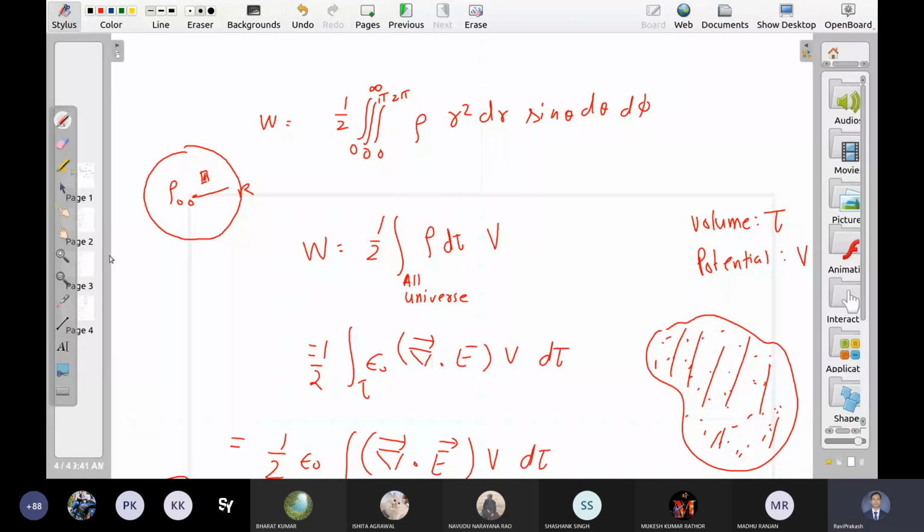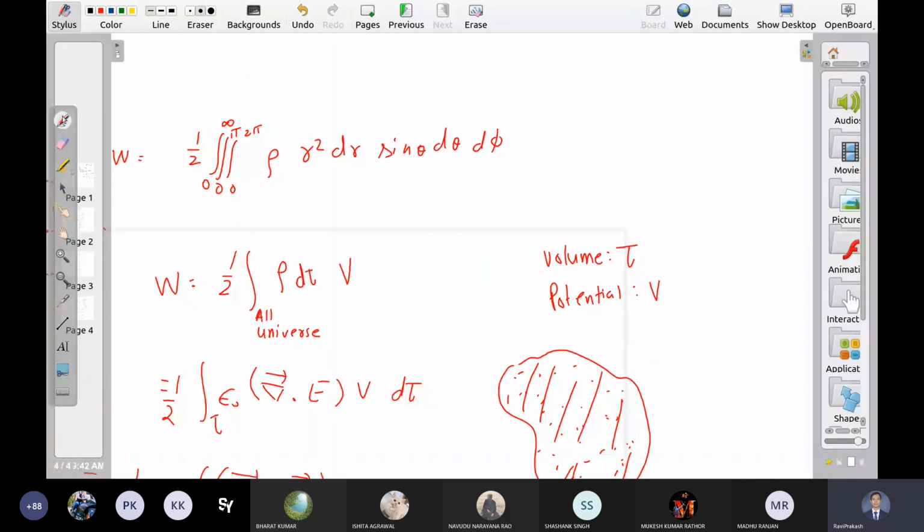This is my argument. This integral is equal to this: rho naught r square dr sin theta d theta d phi. Are both integrals the same?